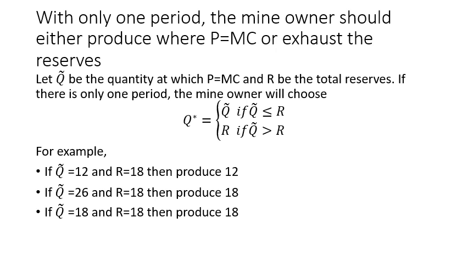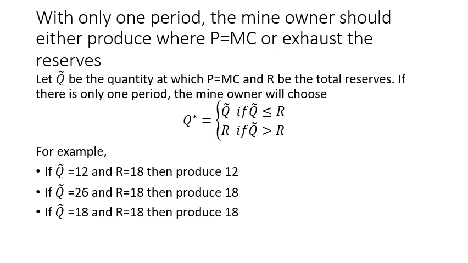So let's let Q tilde, the little squiggly line above the Q, be the quantity at which P equals marginal cost, and R be the total reserves. If there's only one period, the mine owner will choose Q star. Q star, the optimal amount, is Q tilde if Q tilde is less than or equal to R. So Q tilde is the point where price equals marginal cost, right?